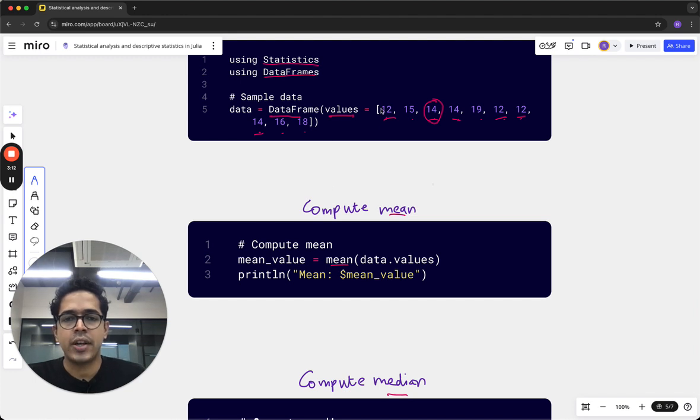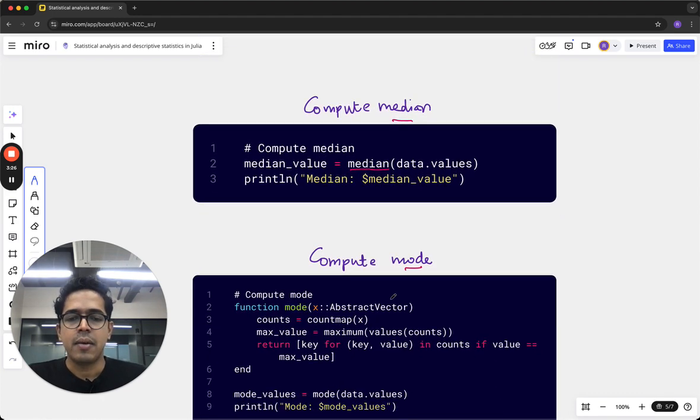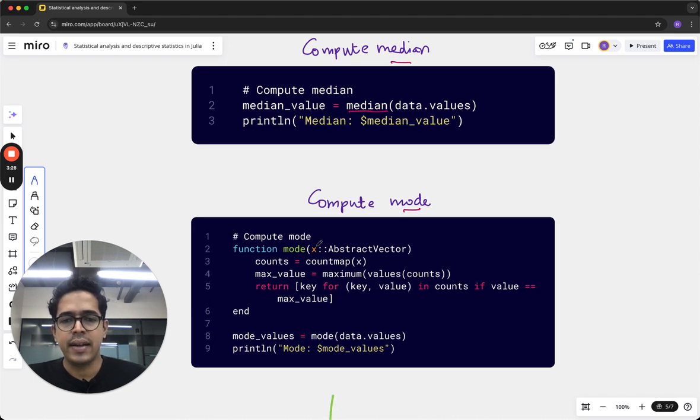So data.values means you will be fetching all these numbers, and mean of that means you are calculating the mean of all of that. I just want to show you the code first before writing it ourselves. And median also is calculated using a function. Mode is calculated differently. We are defining a function called mode here, and we will be doing this from scratch.